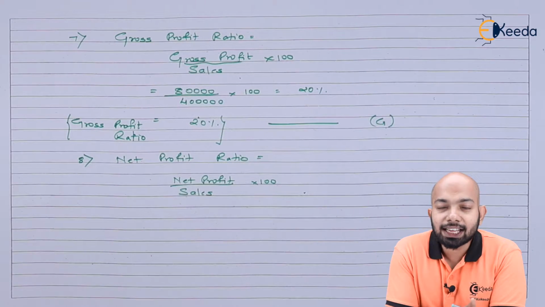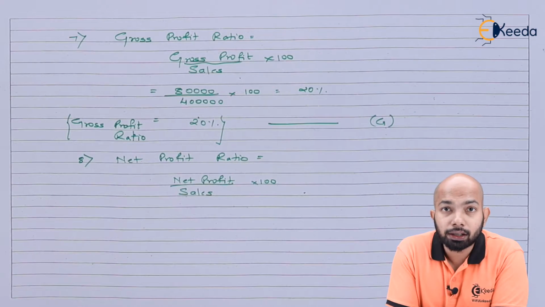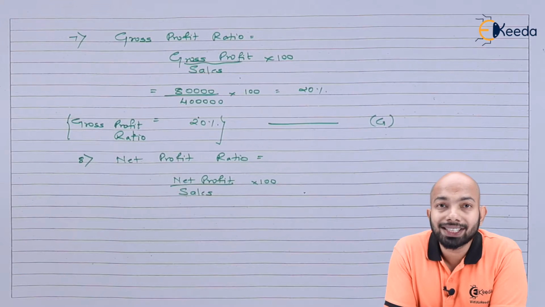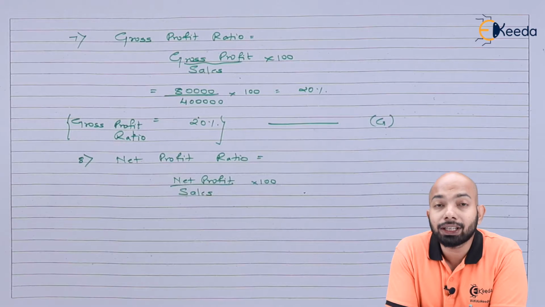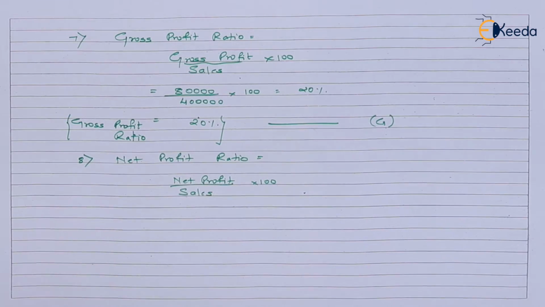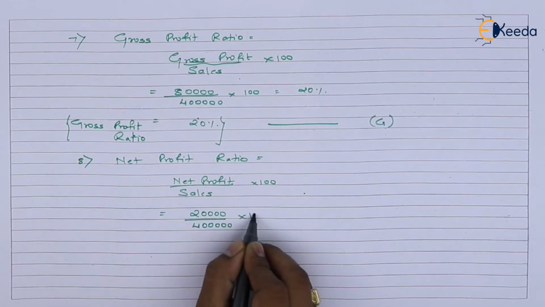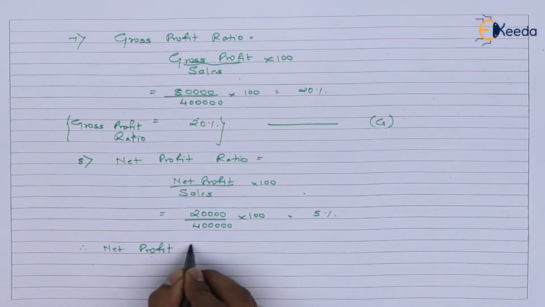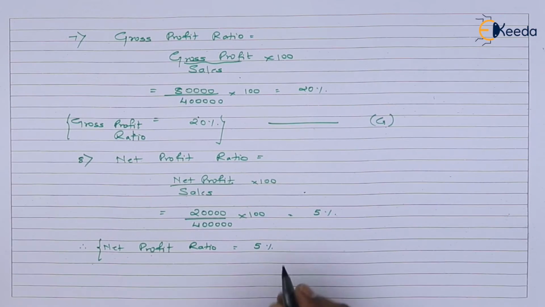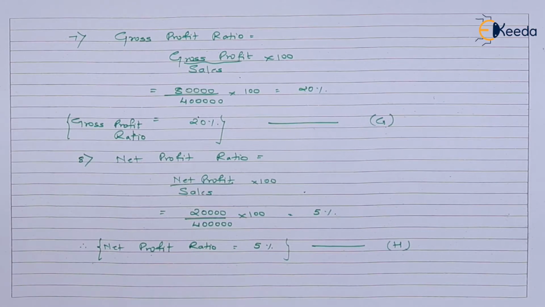The formula stays as net profit upon sales into 100. Net profit value being 20,000, sales value being 4 lakh. You multiply it by 100 and you get the ratio in a percentage format. So the net profit ratio that we have calculated here is 5%.